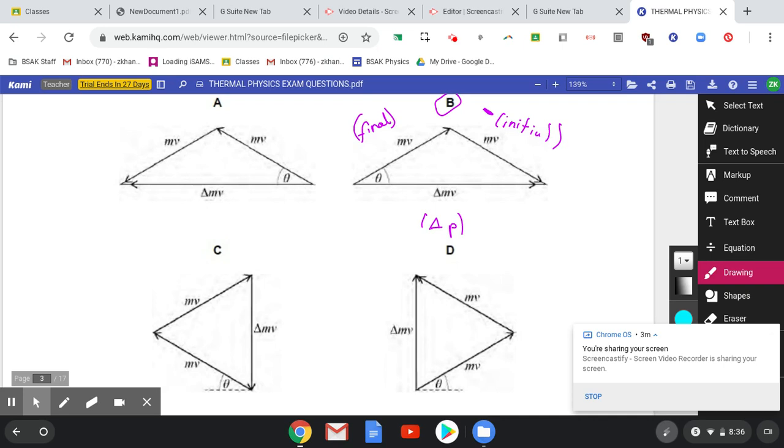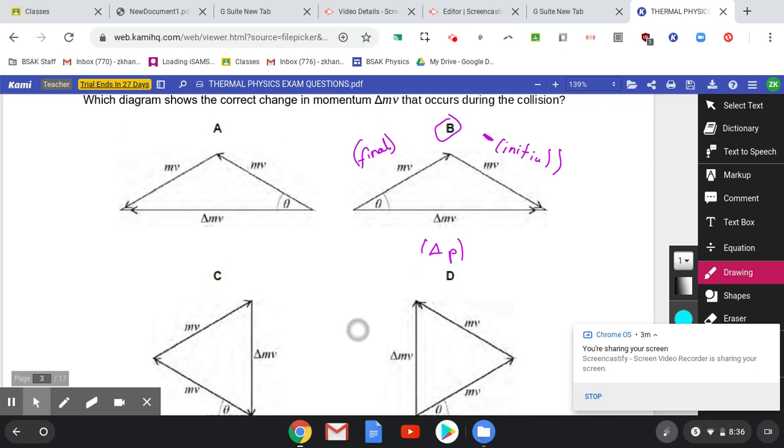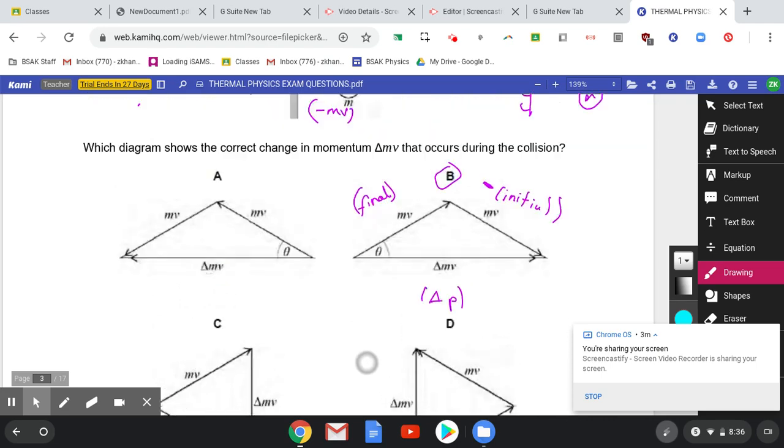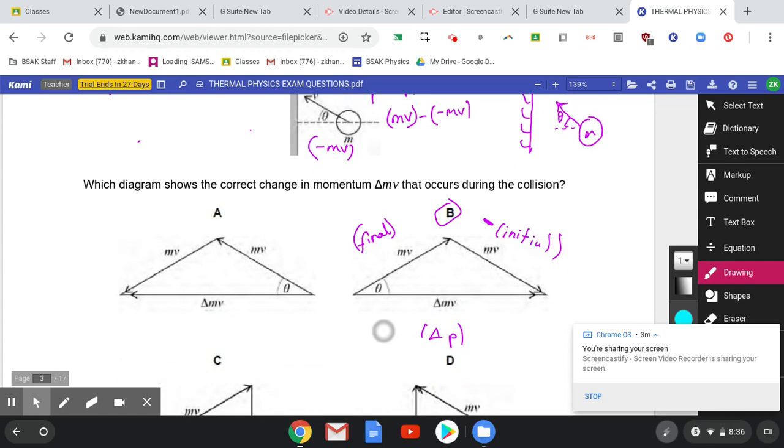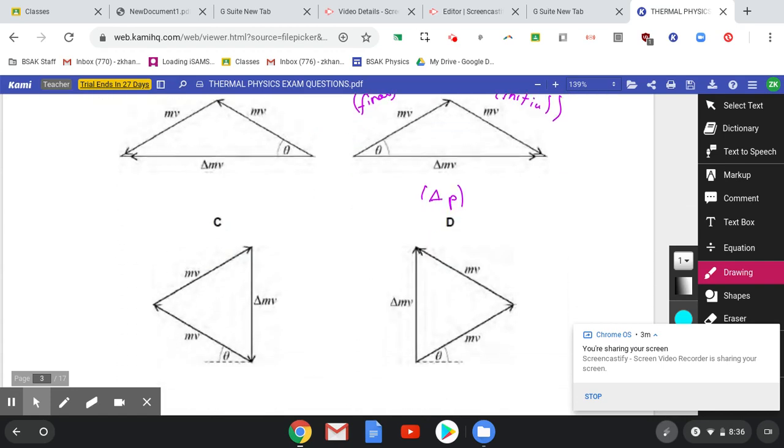So we had this one, this one and this one as the final momentum. Now the initial momentum has to face to the bottom right. Now that is not doing that. So if you didn't look out for that sign there, you end up with this answer here.